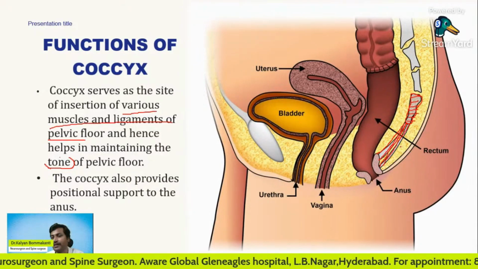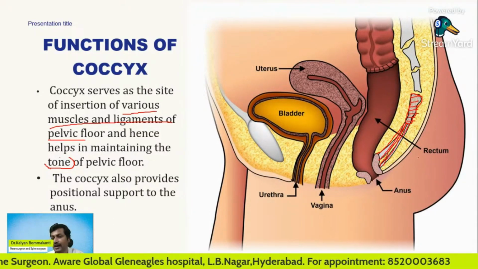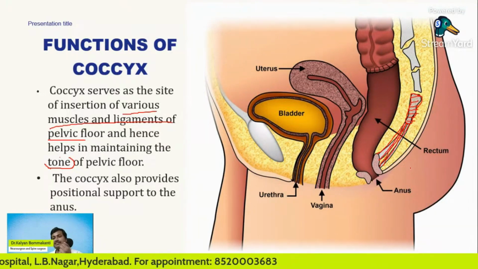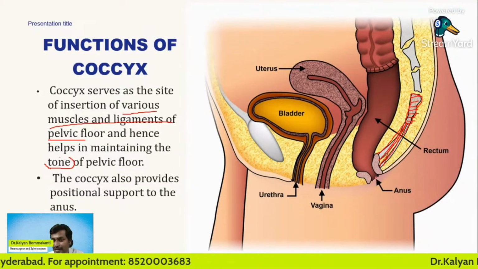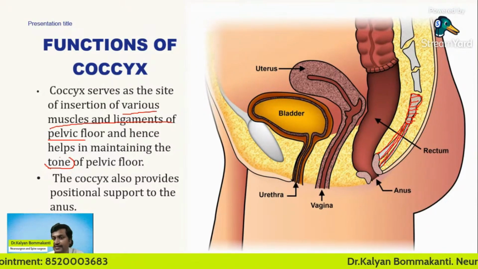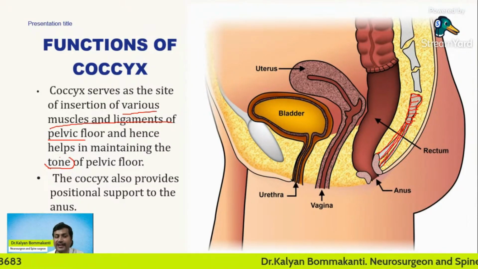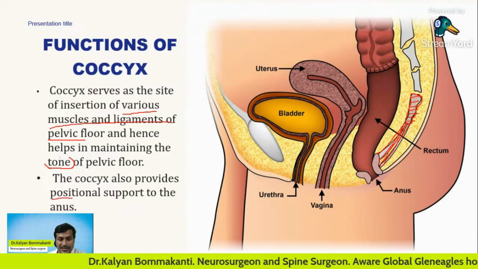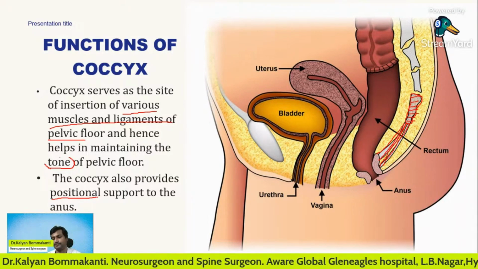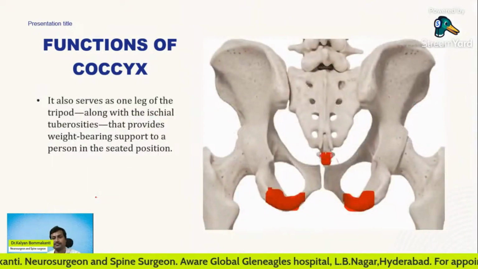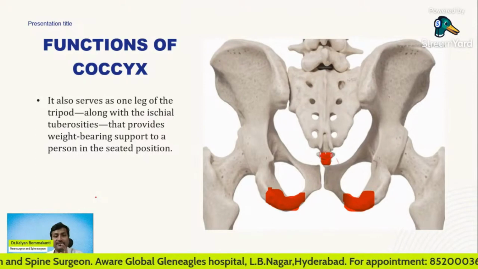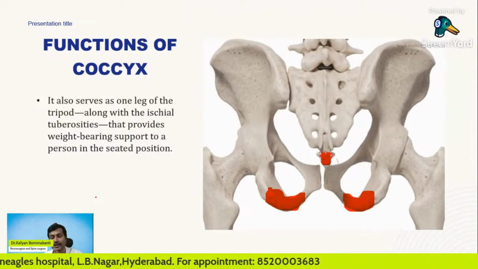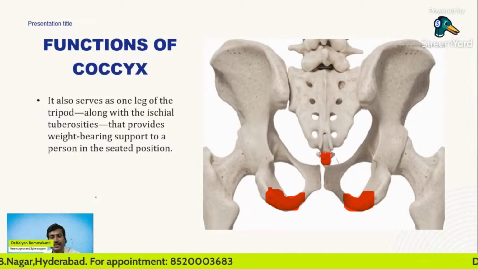Ligaments are something like strings or threads supporting it. So the anus gains its support by means of these strings which are attached to the coccyx. So the coccyx provides positional support to the anus. This is a very important function of coccyx. You should understand this because it will help you know why coccydynia causes pain.